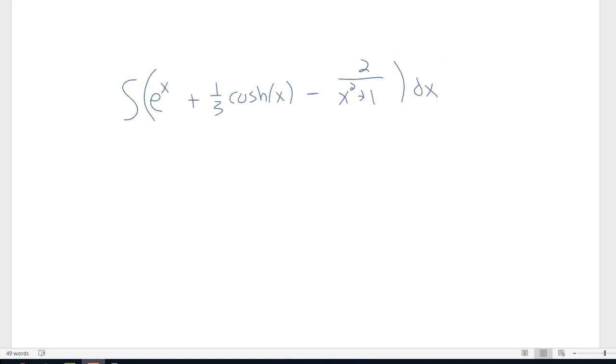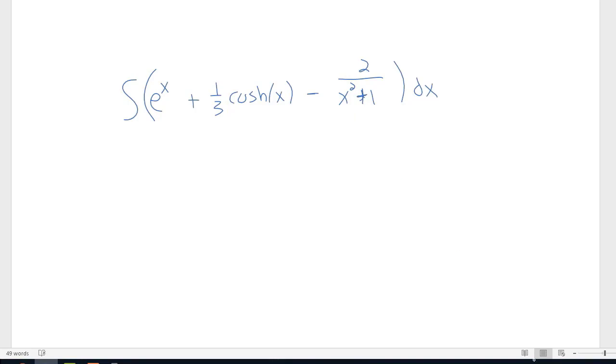All right, let's take a look at another example. In this example, I have another sum of terms, and I wanted to mix some different functions together. I used e to the x, hyperbolic cosine, and then 2 over x squared plus 1 is what that's supposed to look like. Actually, let's do this.